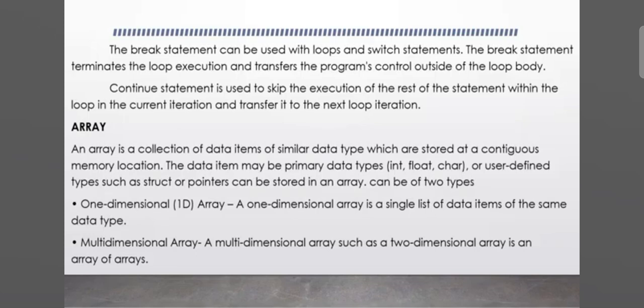It can be of two types. One-dimensional array. A one-dimensional array is a single list of data items of the same data type. Next, multi-dimensional array. A multi-dimensional array, such as a two-dimensional array, is an array of arrays.